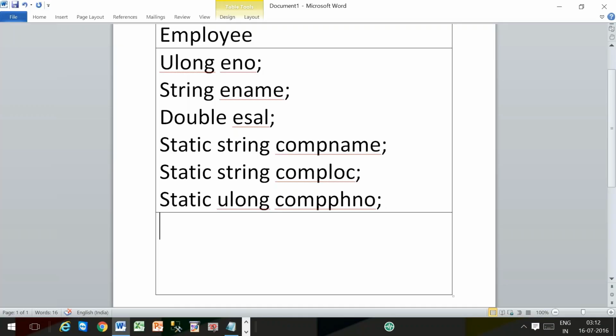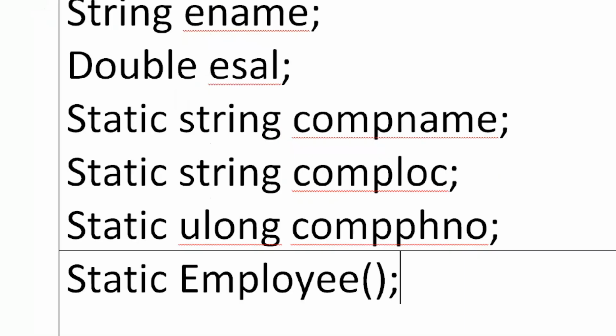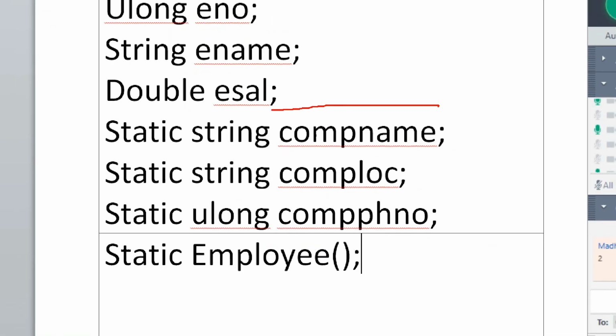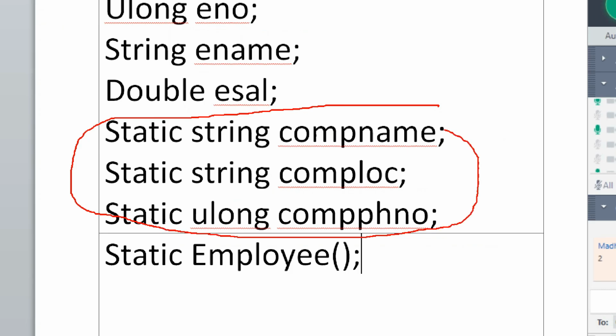One is static. This constructor, you are using to initialize what variables? Company name, company location, company phone number. Right, company name is Wipro, company location is Gachibowli, company phone number is some 1 2 3 4 5 6 7 8 9.